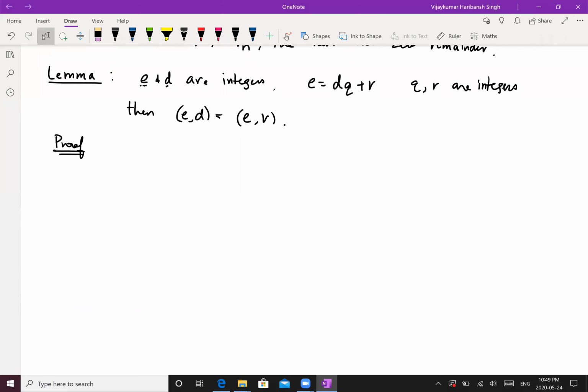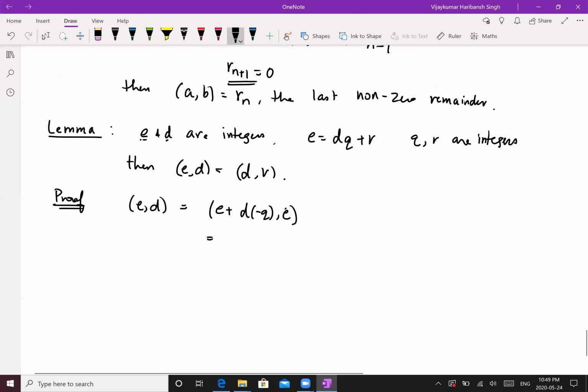Or if you like, we can say GCD of E, D is the same as GCD of E plus D times minus Q, comma D. Of course, on one hand this is true, but I want it in a form that satisfies the lemma.